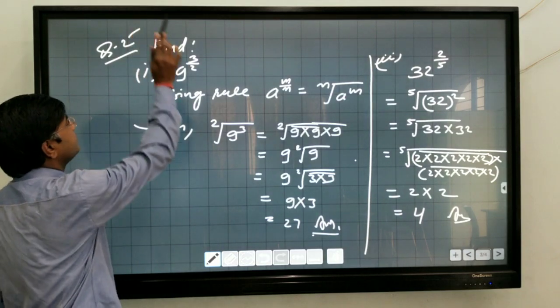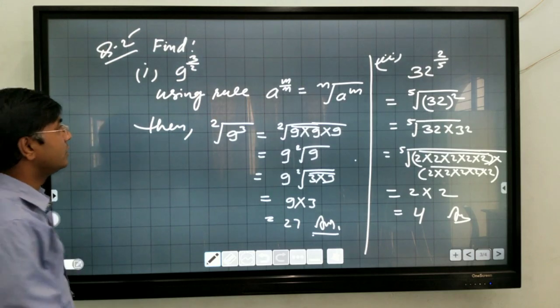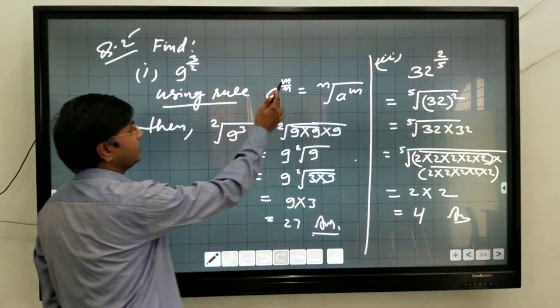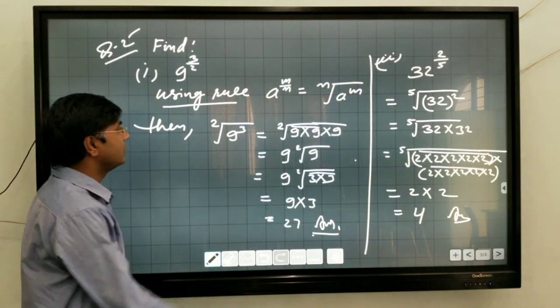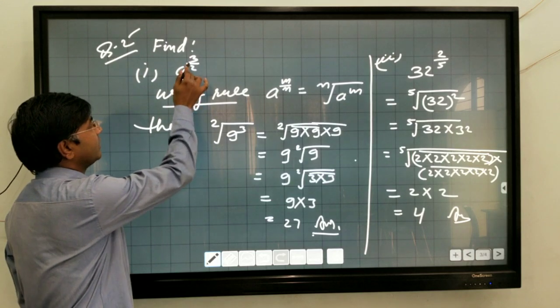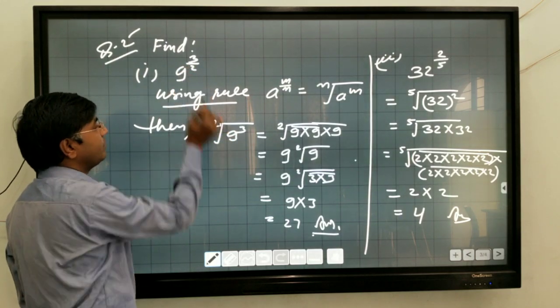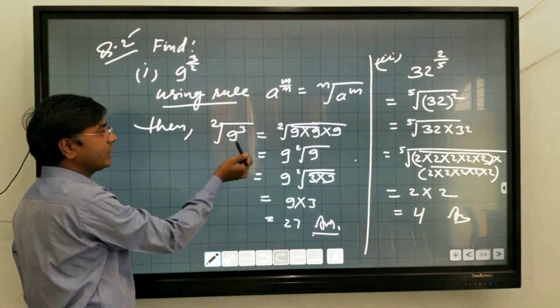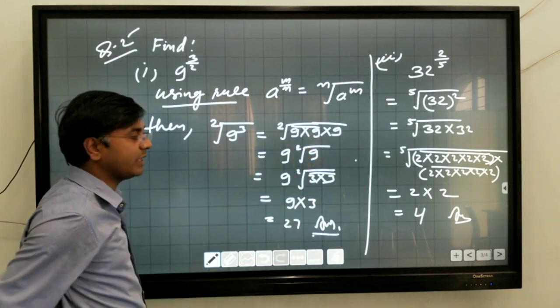Now question number 2. Find 9 to the power 3 by 2. So we are using the rule a to the power m by n, which we saw in the previous part as the nth root of a to the power m. So 9 raised to the power 3 by 2 is written as, this 2 will come here, under root 9 to the power 3. We are using this property. So 9 to the power 3 means 9 into 9 into 9.